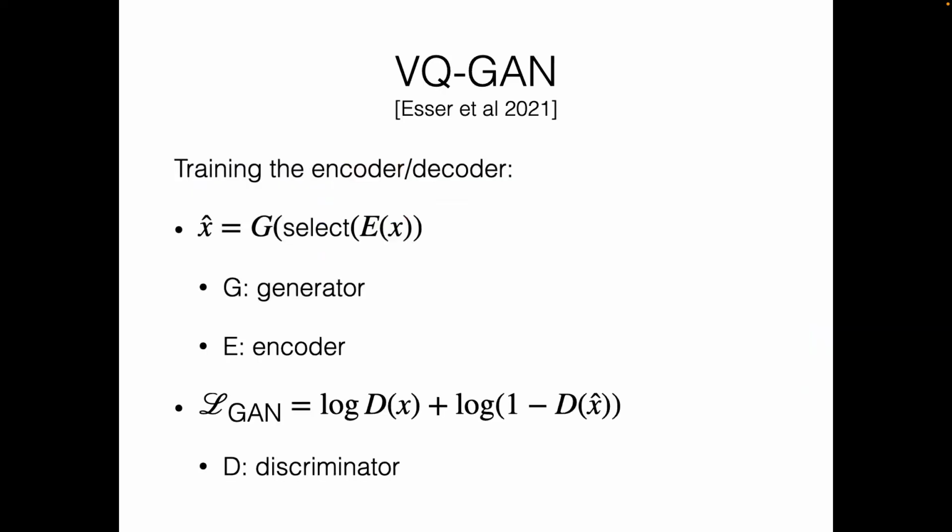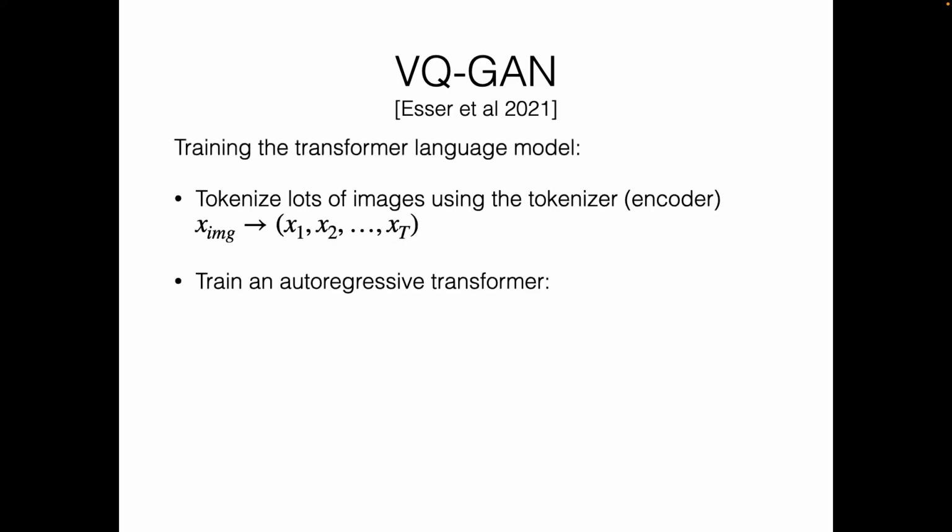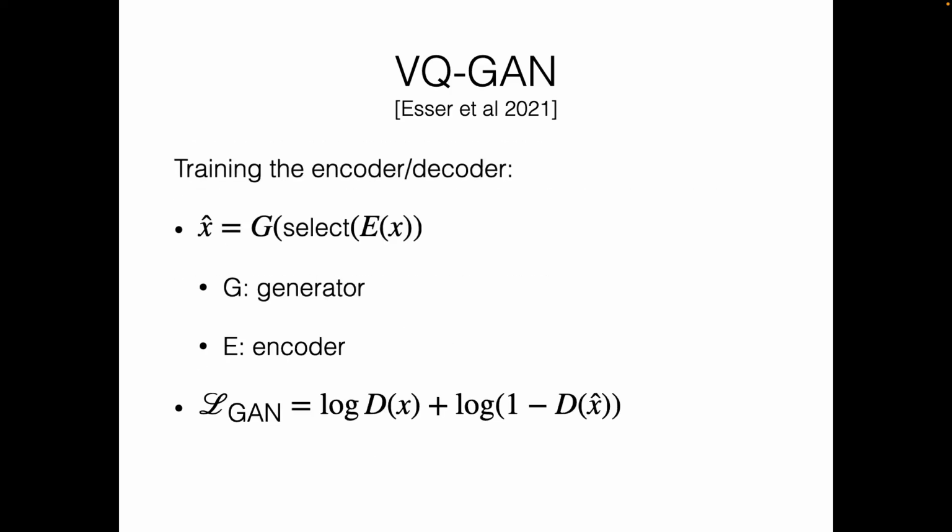So yeah, I'm not sure how much to spend on this, but if you haven't seen GANs before, then here's the basic setup. So here you have this generator, and for the VQ GAN, they have this generator and this encoder. And then you have this discriminator. This probably isn't enough to introduce GANs, but here's the basic setup.